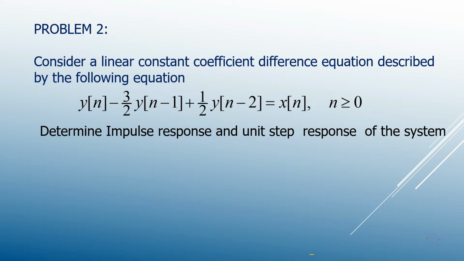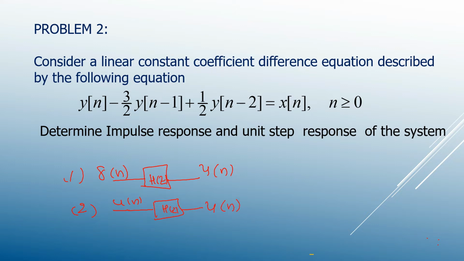So how to solve this problem? The first part asks: if you apply delta(n), that is an impulse, to the system described by the LCCDE, what is the output? And the second part asks: if you apply u(n) as an input to this system, what is the output?